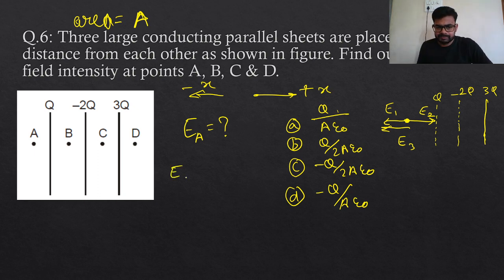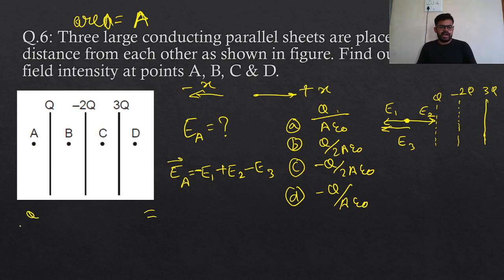So how will I write? E at point A will be minus E1, plus E2, minus E3. Let us write the values. Because of Q charge, the value of field is Q upon 2A epsilon naught. Because of plate number 1, that is Q upon 2A epsilon naught.